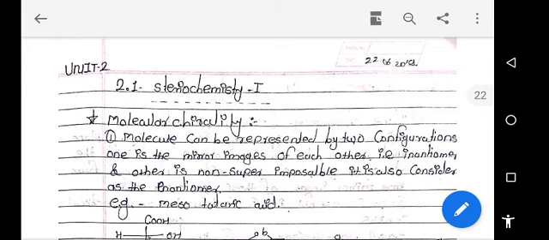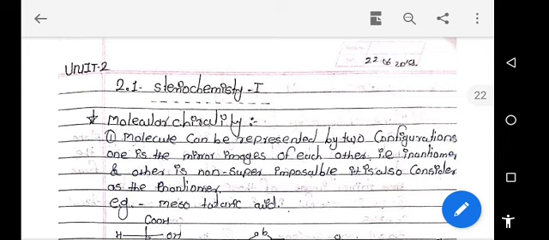Hello students, in today's lecture we are starting the second unit, that is stereochemistry. Stereochemistry is the most important concept to study the reactions and their products.